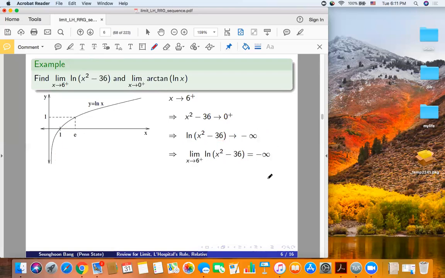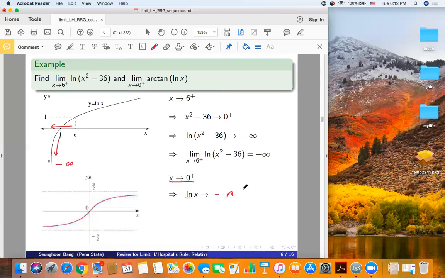This is the answer. The second one, you can draw arctangent. This is like a graph. X approaches 0 from the right. What happens? The ln function is here, and as x approaches 0 from the right, the ln function approaches negative infinity. You can use the previous one.